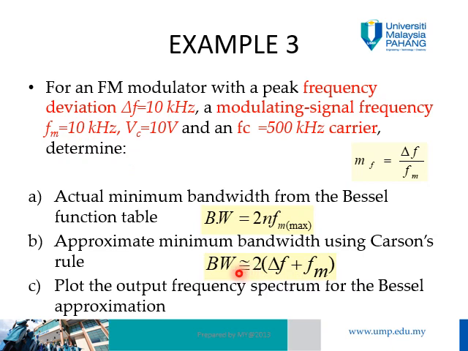So the approximate bandwidth using Carson's rule is 2 multiplied by 10 plus 10, which is 20, so you get 40 kHz. Plot the output frequency spectrum from the Bessel approximation. For this one, we plot the same frequency spectrum as the previous question.